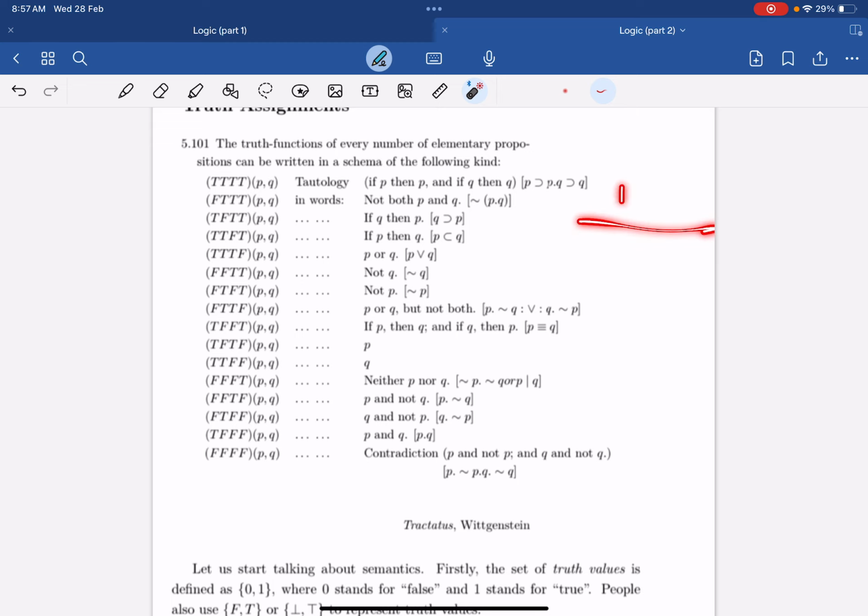So every proposition is either true or false, and then you form the connectives, and then you have some truth table. Well, these truth tables are basically just functions, and if your truth table is all true, then it's a tautology. Then it could be, if P is true and Q is false, then this one is false.